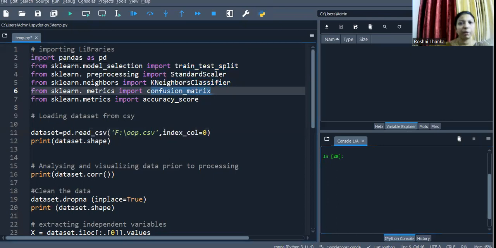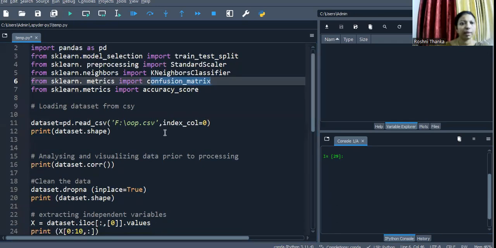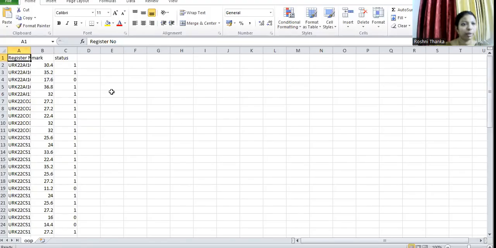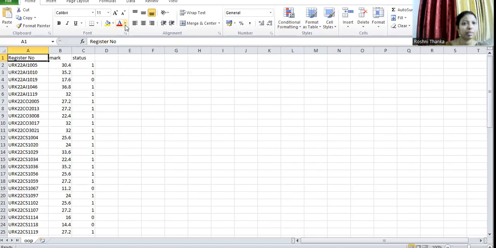So now we are going to read the data and then implement it. So let's see that. The data set used here is marks. Here I have taken the register numbers of the students who got the marks.